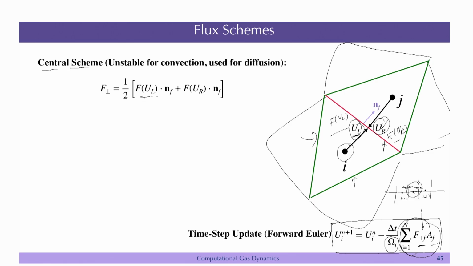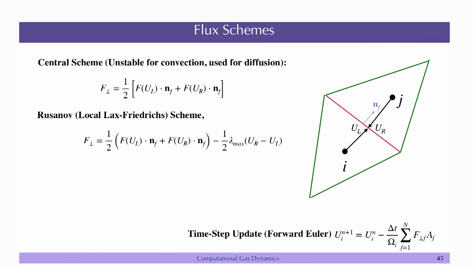It is just the average of what you are getting from left and right, but as you know this is not TVD, and this is unstable for convection. But for a diffusion problem, let us say you want to solve del square u equal to 0, some Poisson problem or the Laplace equation, or a purely diffusion problem, you can use this central diffusion scheme. So, that is one of the schemes.